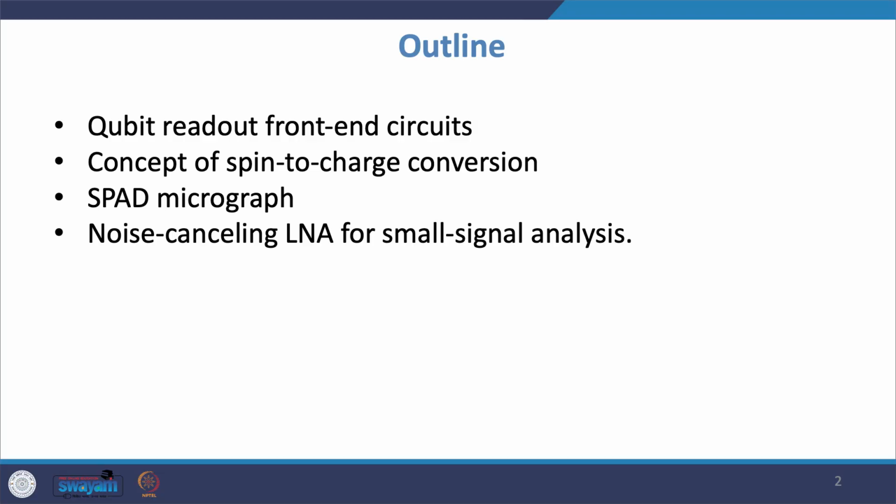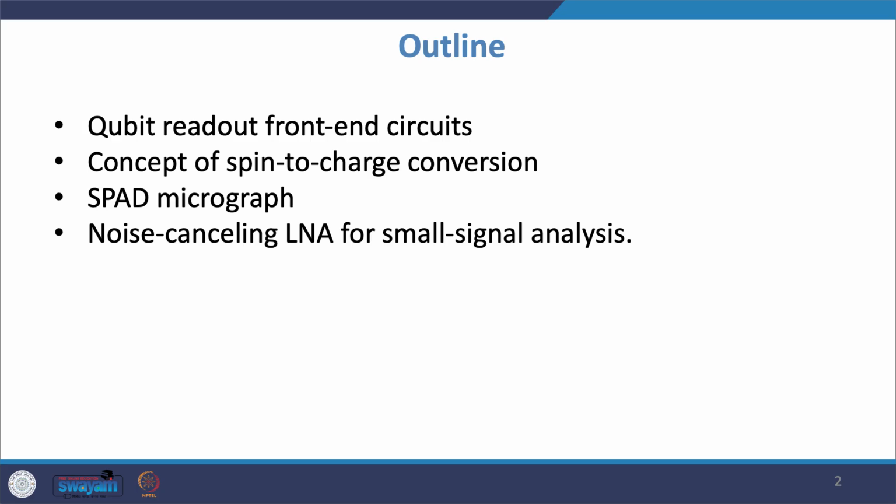The outline of this talk is that we will look into qubit readout front end circuits, and spin to charge conversion, because qubits are primarily spin and therefore one should have a methodology of converting the states of the qubits onto a corresponding charge which can be extracted from the qubit, and the charge will therefore be a function of the spin of the electron in the spin qubit. We will also look into SPAD micrographs and then look into noise cancelling low noise amplifiers for small signal analysis.